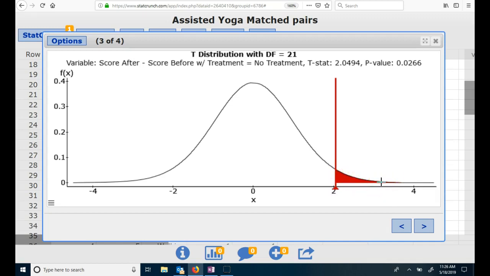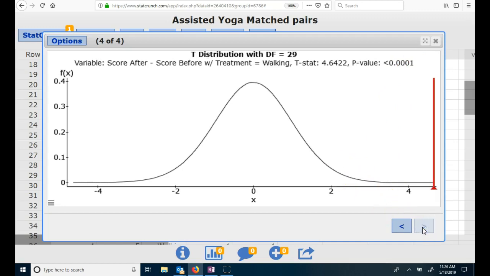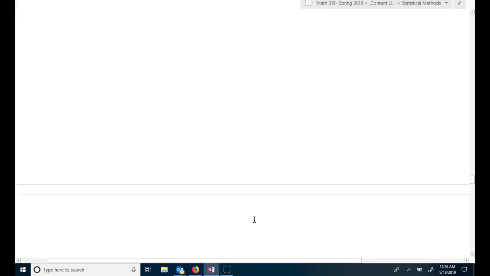Oh, wait, it's not. Right? Our alpha was 0.01. The no treatment is not significant. Okay, it's not significant because alpha was 0.01. Making those comparisons, that says, hey, no treatment does not give us a significant difference. And then we see with walking, we do have a significant difference, but not as significant because our T-stat is not as big as it is for the assisted yoga. Okay.